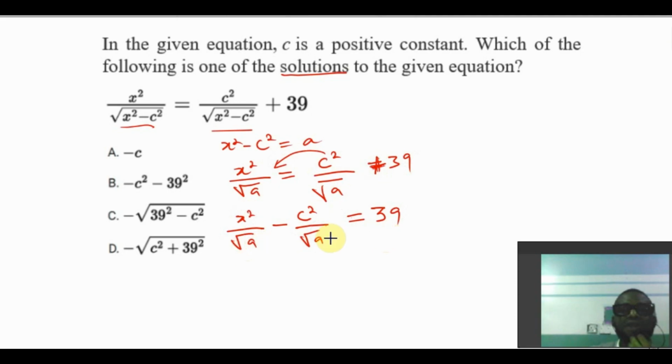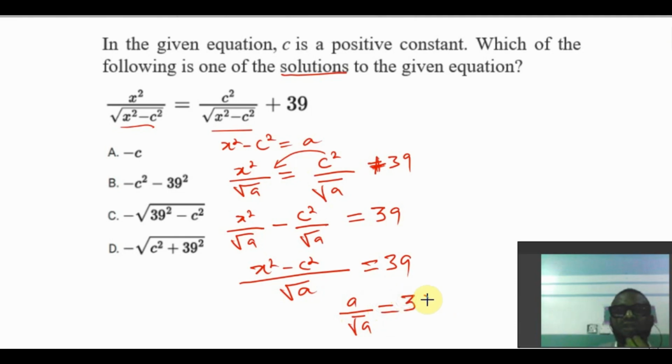When I simplify the left hand side, I will have x square minus c square divided by the root of a, a common denominator. Now x square minus c square equals a, and I also have it here. So this can be written as a over the square root of a is equal to 39.